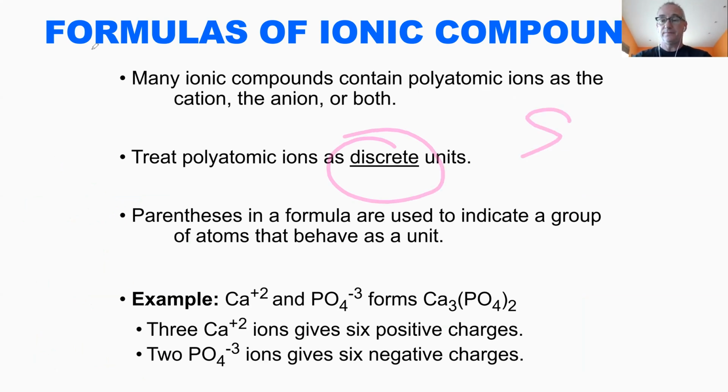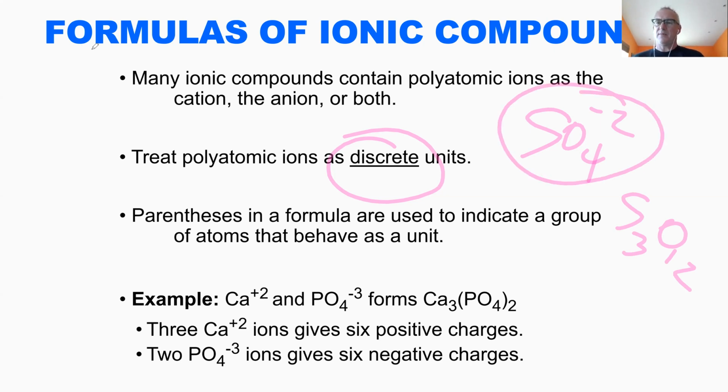Like sulfate is an ion by itself. So if I needed 3 of them, I wouldn't write S3O12 because that is some other weird kind of combination of atoms. This is a very specific combination of atoms that has a net -2 charge.